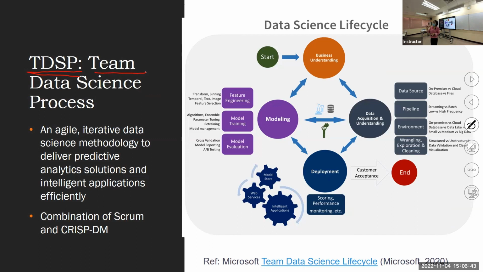It's actually for the whole team, a big team, small team, whatever, right? To work together. And this one is proposed and developed by Microsoft. Okay. And it is an agile, iterative methodology to deliver predictive analytics solutions and intelligent applications.